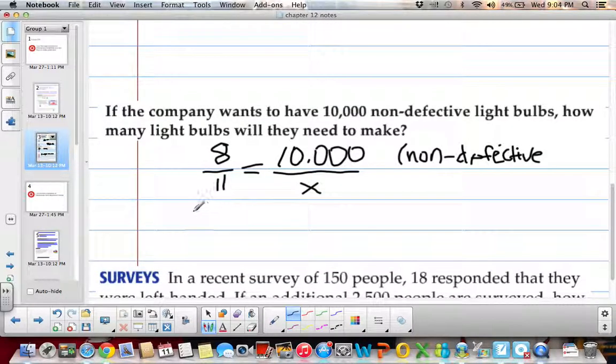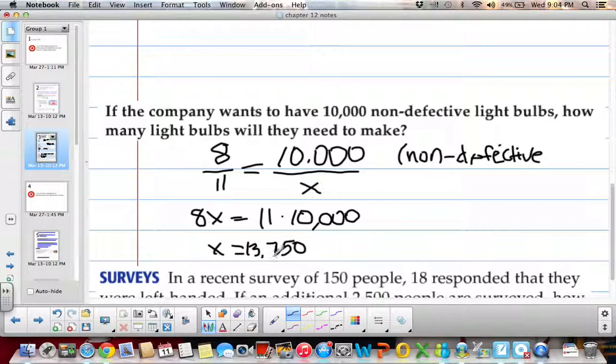So then we would solve 8x equals 11 times 10,000. And we would get 8x equals 110,000, and then we would divide by 8, and we get x equals 13,750.